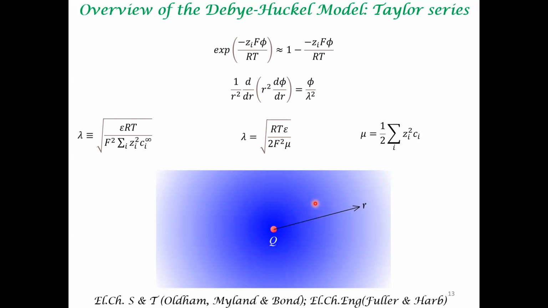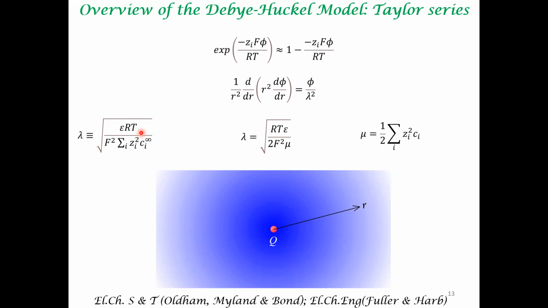We will look at it more quantitatively. This Debye length is a length scale around this test ion. It will be larger if my thermal energy is larger, or when ionic strength is small. And again, I can have the converse. When lambda is a small quantity, that means my ionic strength is a large quantity, or RT is a small quantity.